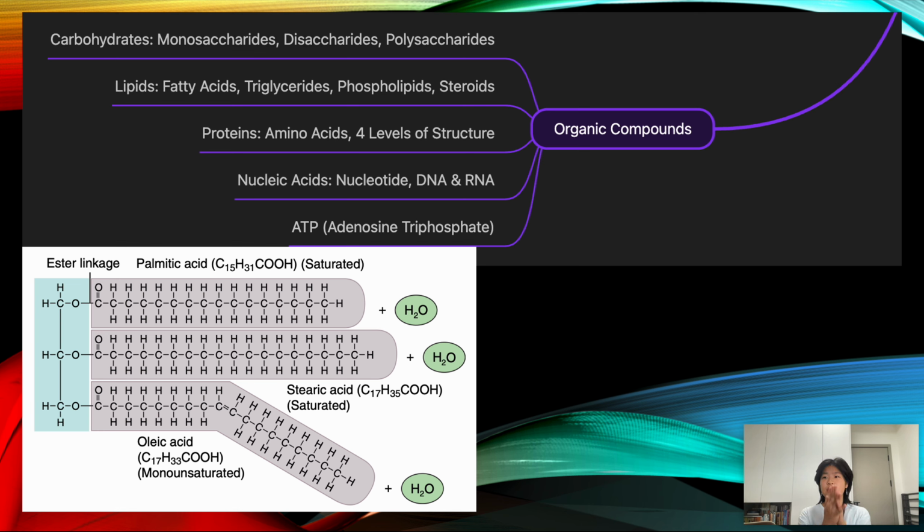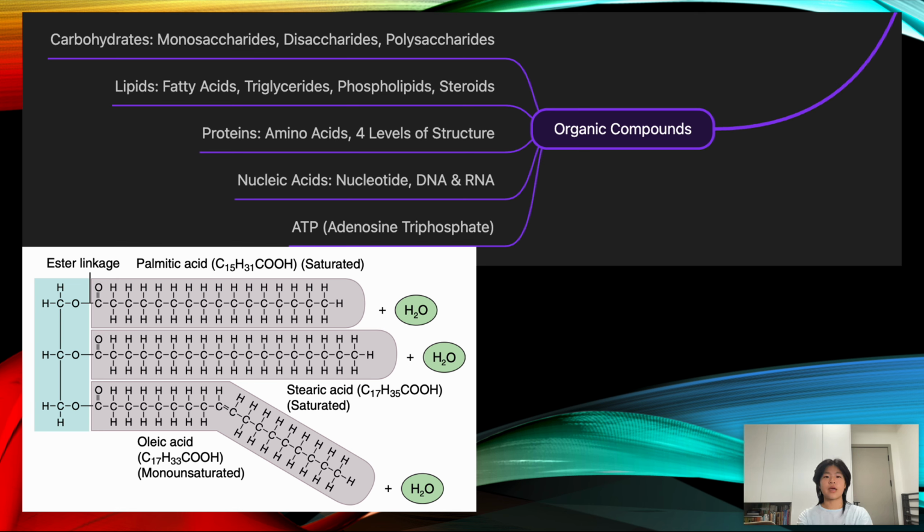So fatty acids are the quote-unquote monomers. They're not true monomers because we only see normally 3 or 2 fatty acids making a macromolecule, but they are the basic, we can understand, a building block of most lipids.